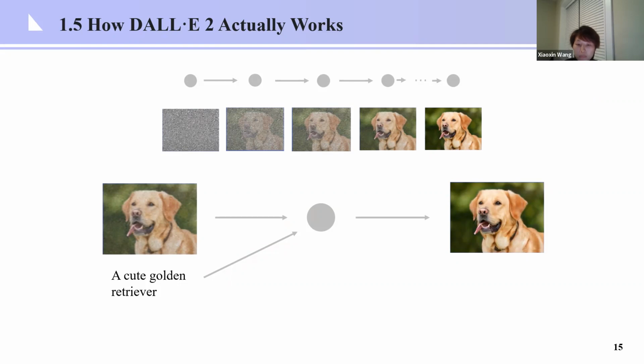It also includes the embedding of the text that was given to the model to support the image creation process. So at the end, you will create an image based on the text.